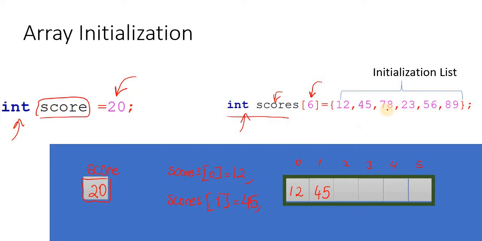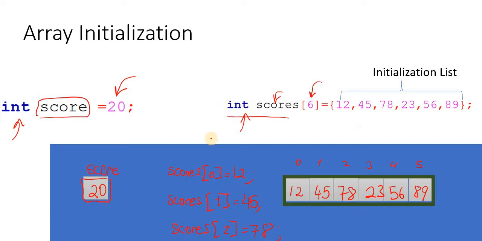And 78 is the value stored in scores sub 2. So scores sub 2 equals 78. And so on and so forth. So 23 here, 56 here, and 89 is the value of the last element in an array.